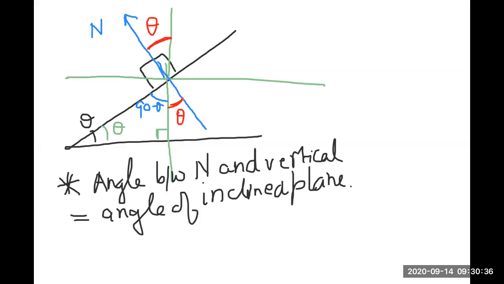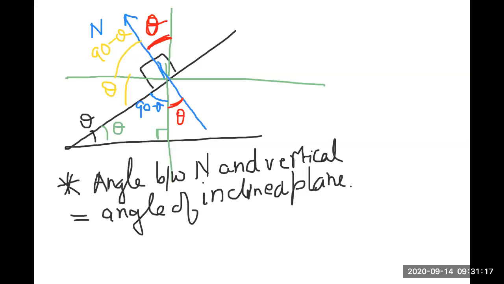I have another proof for you. If this angle is 90 minus theta, then this angle must be theta. Therefore, this angle must be 90 minus theta, and therefore again this angle must be theta. Right? This is symmetry हो, asymmetry हो, कुछ भी हो, अगर आपके सामने एक inclined plane आ गया और उसके ऊपर एक ऑब्जेक्ट रखा है या कोई ऑब्जेक्ट उस इंक्लाइन प्लेन से टच कर रहा है, तो इंक्लाइन प्लेन की वजह से जो नॉर्मल रिएक्शन होएगा उसका एंगल वर्टिकल के साथ एग्जैक्टली वही होएगा जो इंक्लाइन प्लेन का इटसेल्फ एंगल.